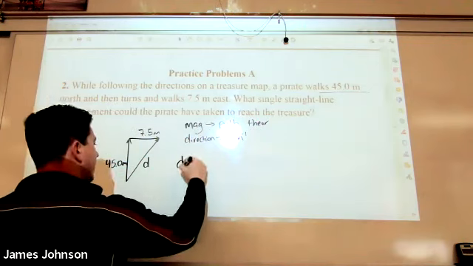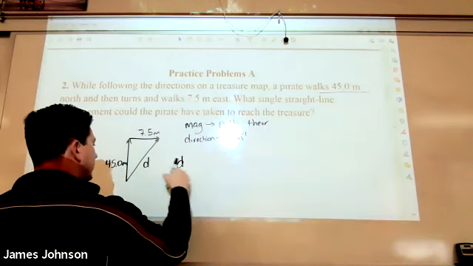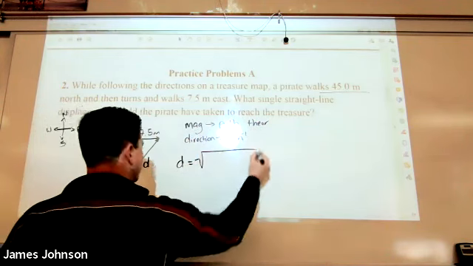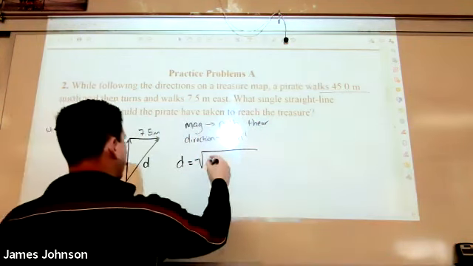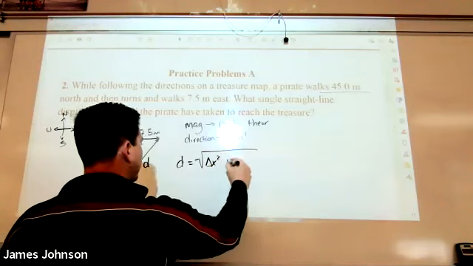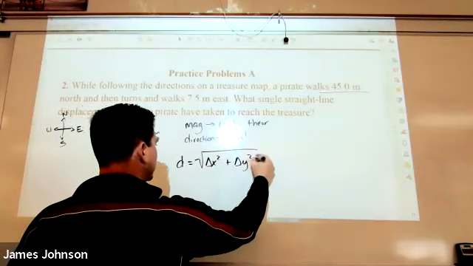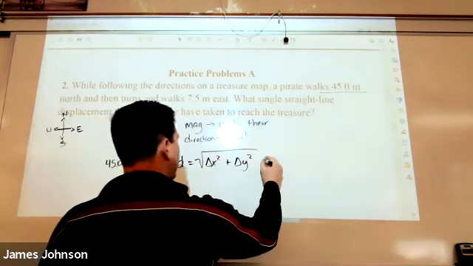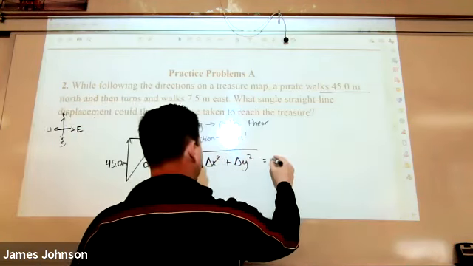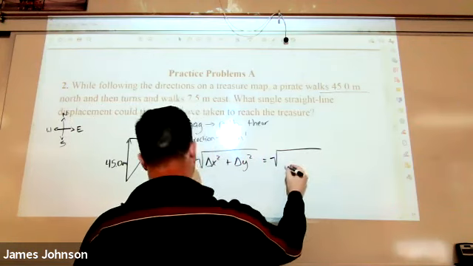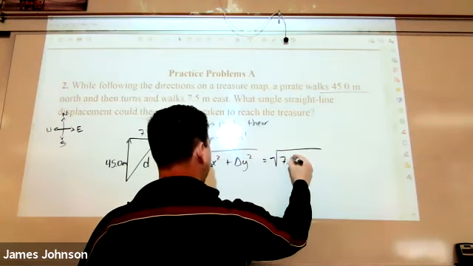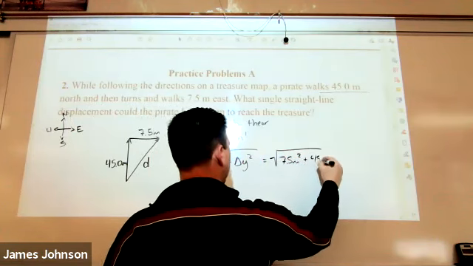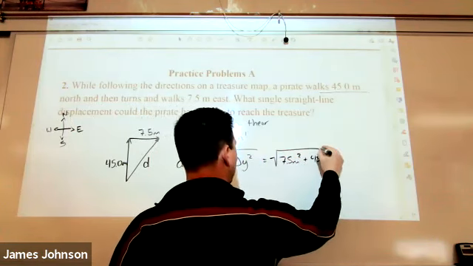I can say that the magnitude of the resultant is going to be equal to the square root of my delta x squared plus my delta y squared, which is the same thing as the square root of 7.5 meters squared plus 45.0 meters squared.